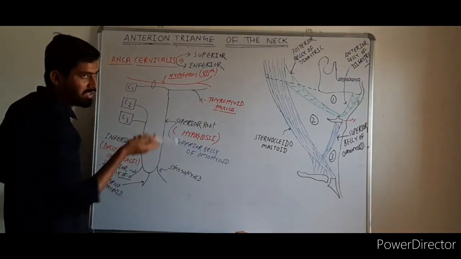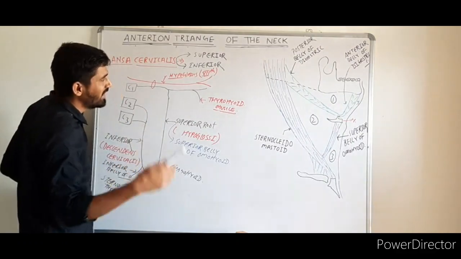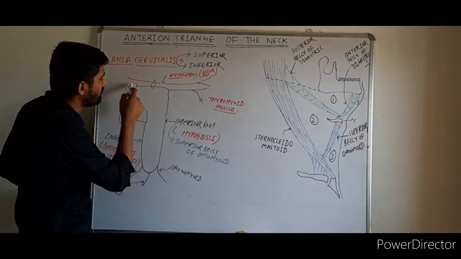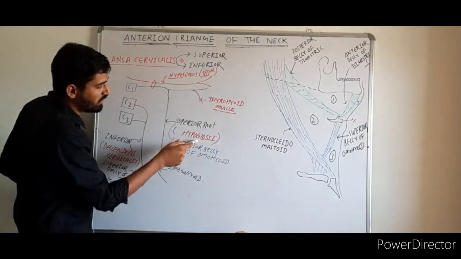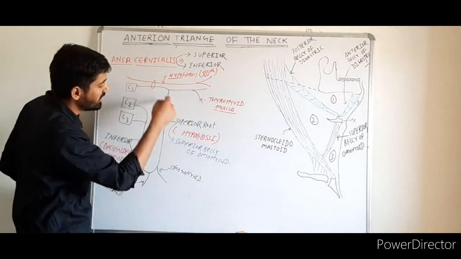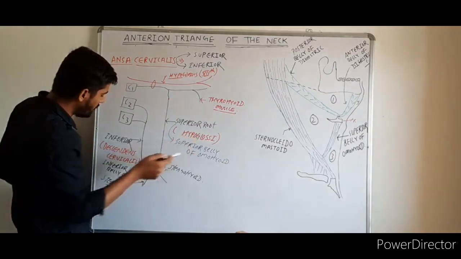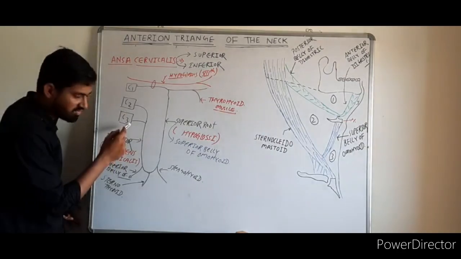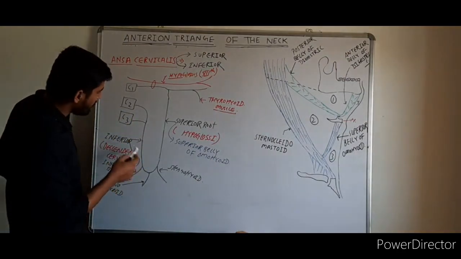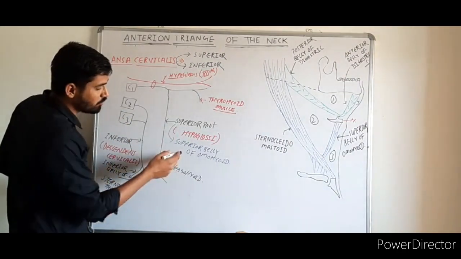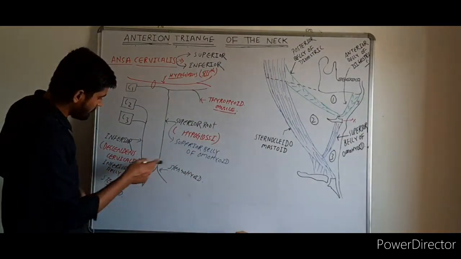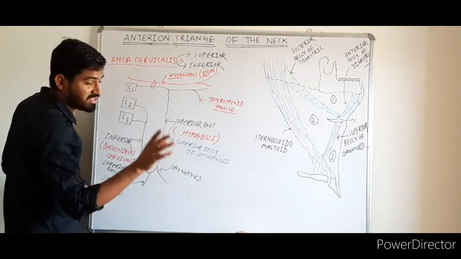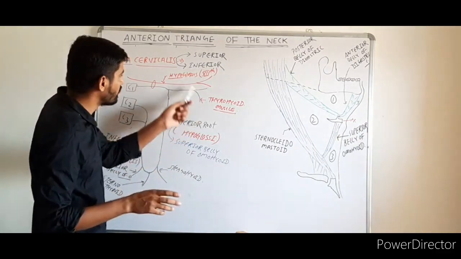Ansa cervicalis supplies all the infrahyoid muscles of the neck. It has two roots, superior and inferior root. The superior root arises from this C1. It's called hypoglossal because the hypoglossal nerve is only carrying this nerve fiber. The inferior root is called descent cervicalis because C2, C3, these are cervical vertebrae. The superior root supplies the superior belly of the omohyoid. The remaining infrahyoid muscles are supplied, except only the thyrohyoid, which is supplied by the nerve to thyrohyoid from the hypoglossal.